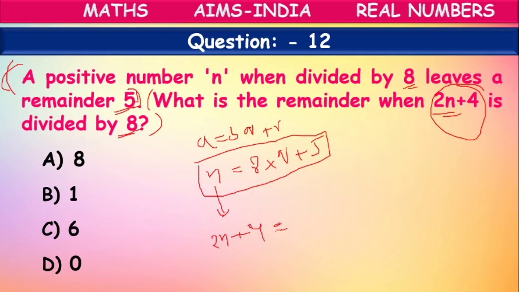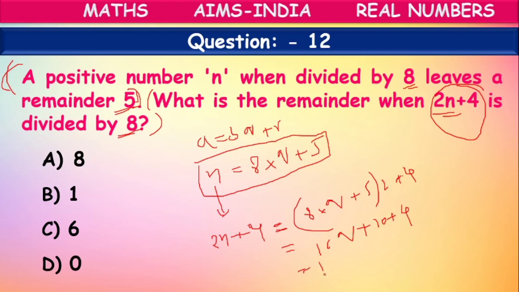First let's multiply with 2, means 8 into q plus 5 to be multiplied with 2 and then 4 to be added. 2 into 8, 16q, plus 2 5 times, 10, plus 4.